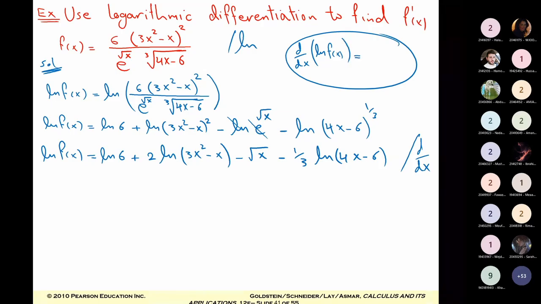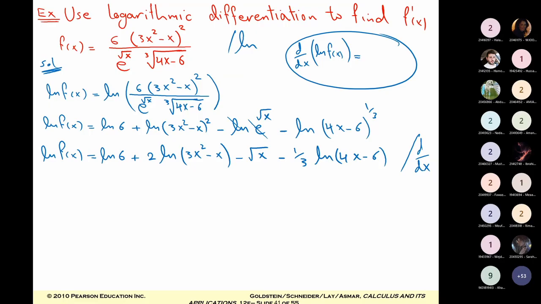This is equal to, not f prime, y prime over y.